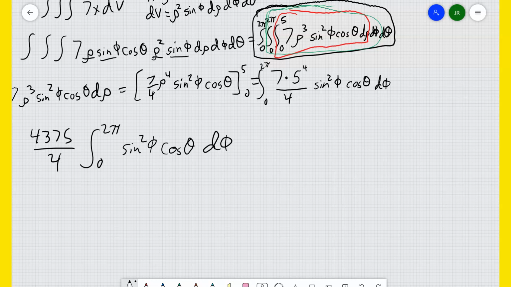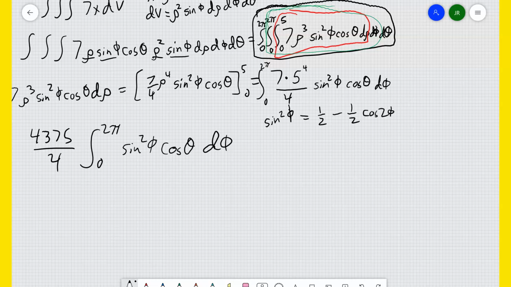I'm trying to integrate this with respect to phi. The sine squared thing, we actually saw that earlier, and it's not easy. Let's just say phi to keep from getting confused. I can do a trig substitution where that's equal to 1/2 minus 1/2 cosine of 2 phi.